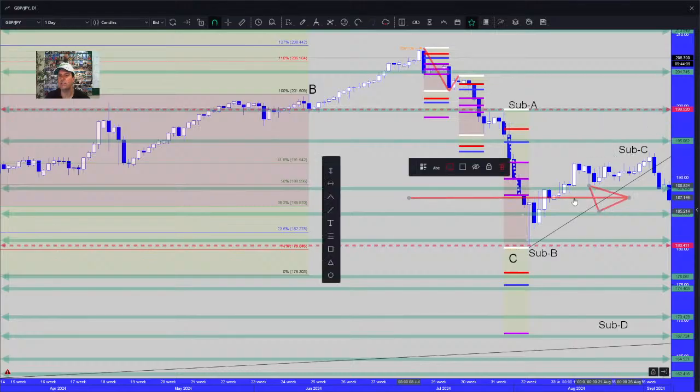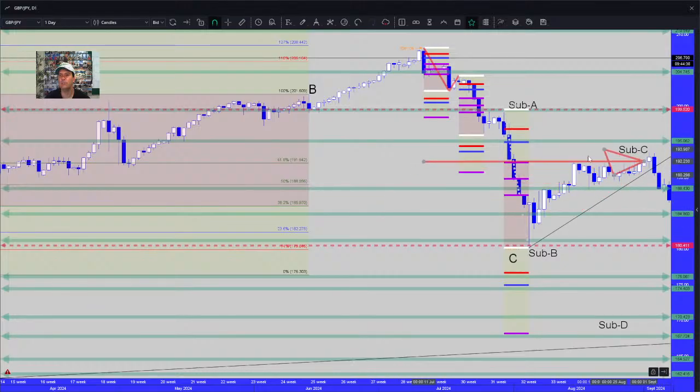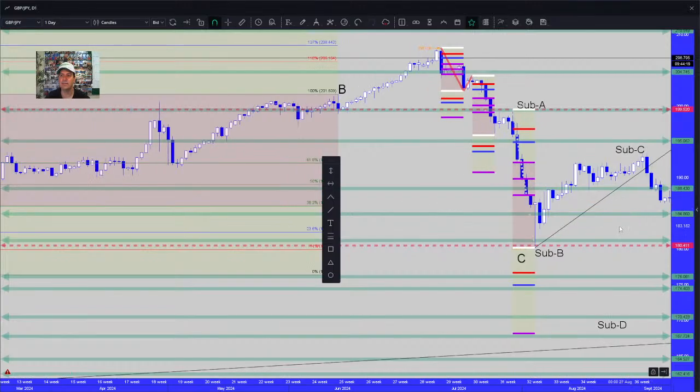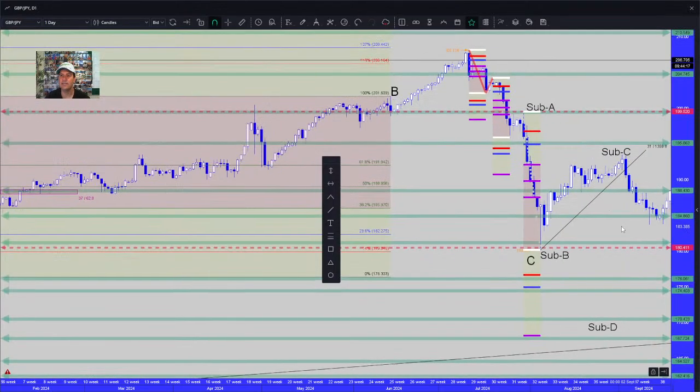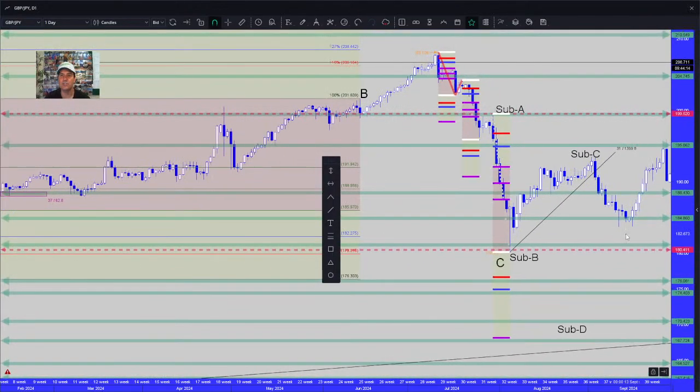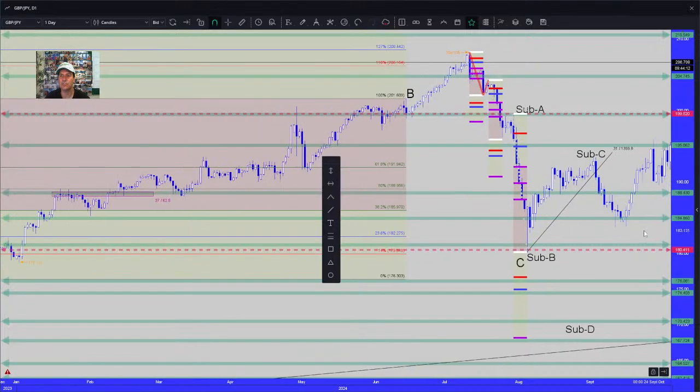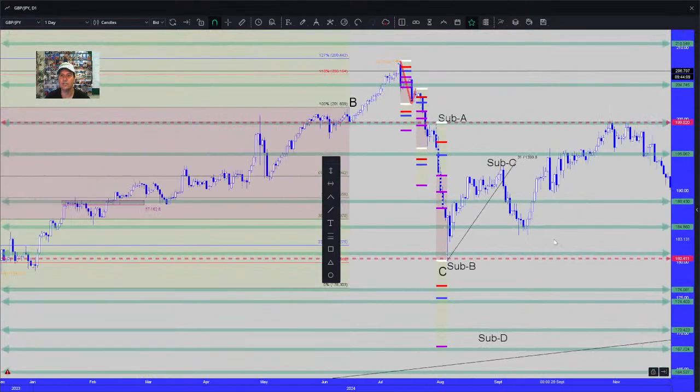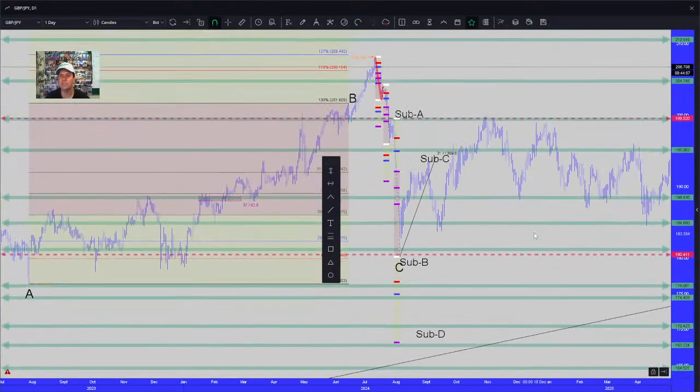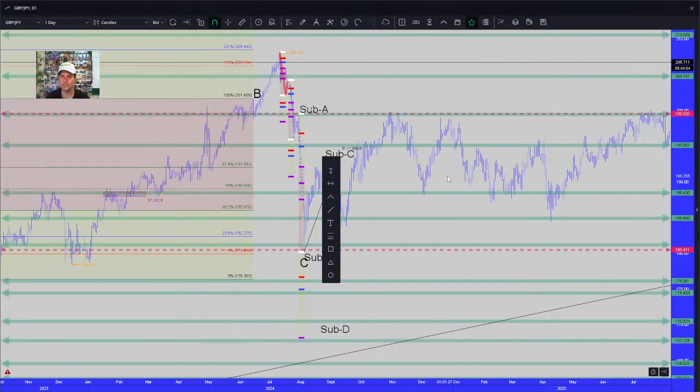You would say, oh, the market is still falling, counter trend line break, sub A, sub B, sub C. Oh, this is going to go down to the sub D. 7 times out of 10 the market is not going to go down to the sub D. If you would take the time and take a deep dive in the Fibonacci theory and the markets and charts, you would see that the market would not hit the sub-D extension. Okay, everybody?